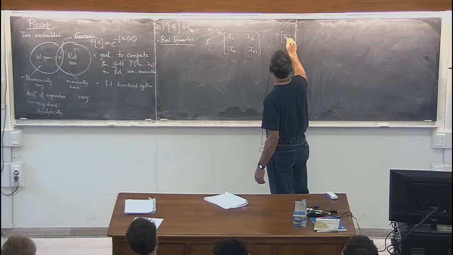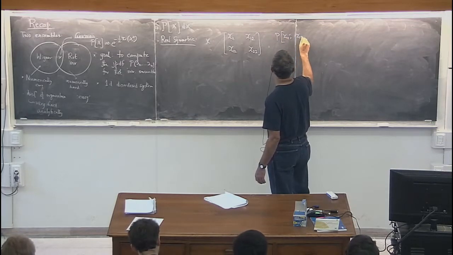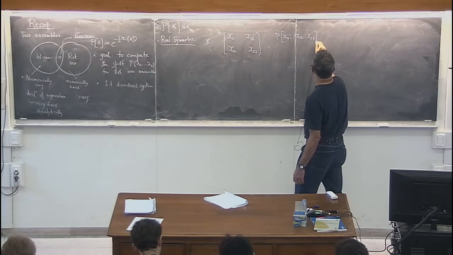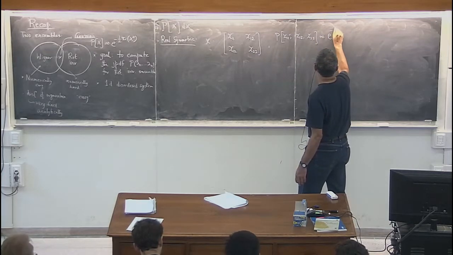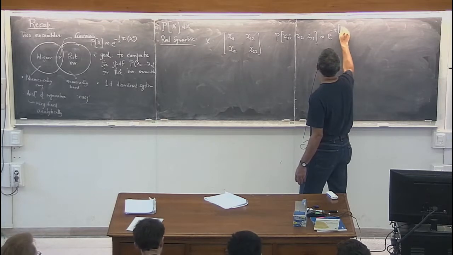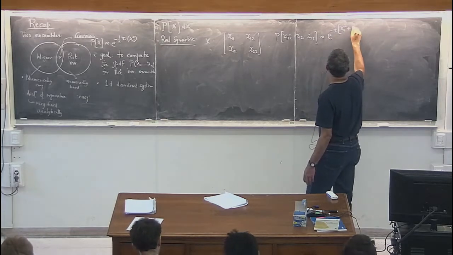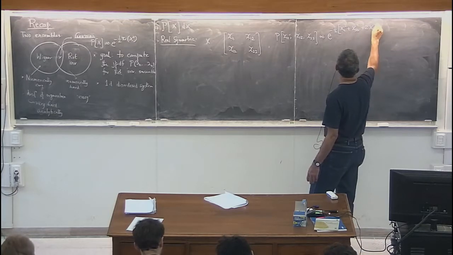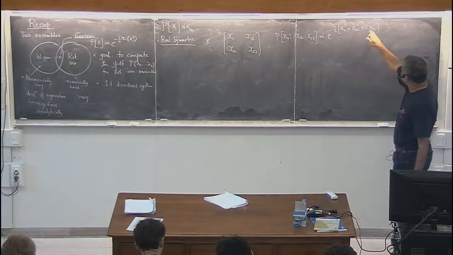So the joint distribution of the three independent variables, x11, x12, x22, is, up to a normalization constant, just an independent Gaussian: x11 squared plus x22 squared plus 2 times x12 squared, because this is trace of x squared, so a factor 2 comes in.